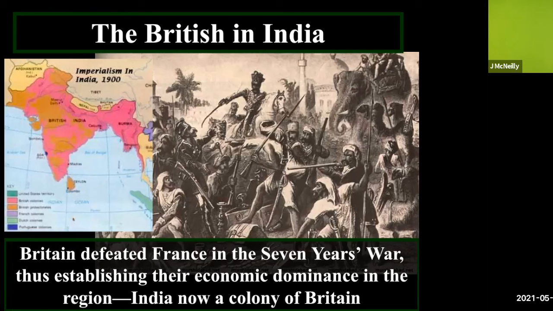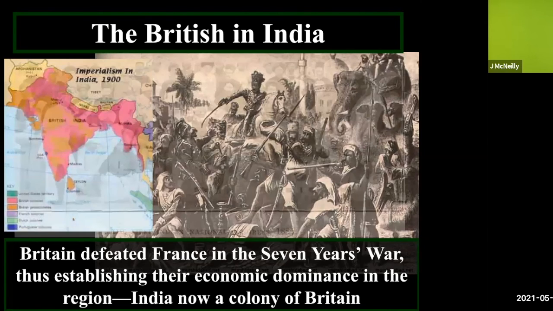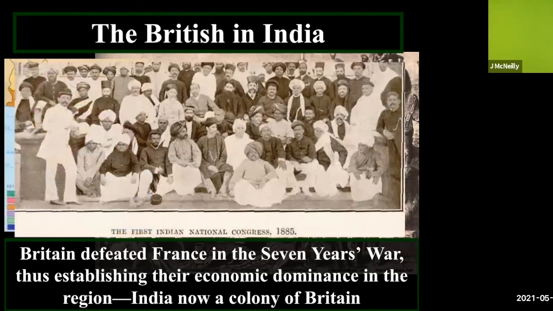So we're not going to see an independent India until after World War II. But we still see resistance to colonial powers, with examples like the Indian National Congress in 1885, leading to an increase in Indian nationalism and a desire for self-rule. But we don't see decolonization until after the Second World War.